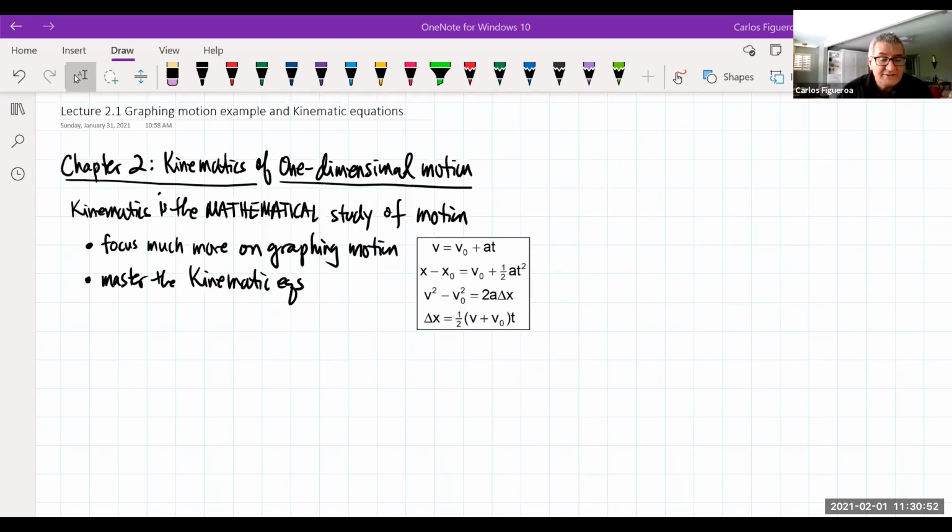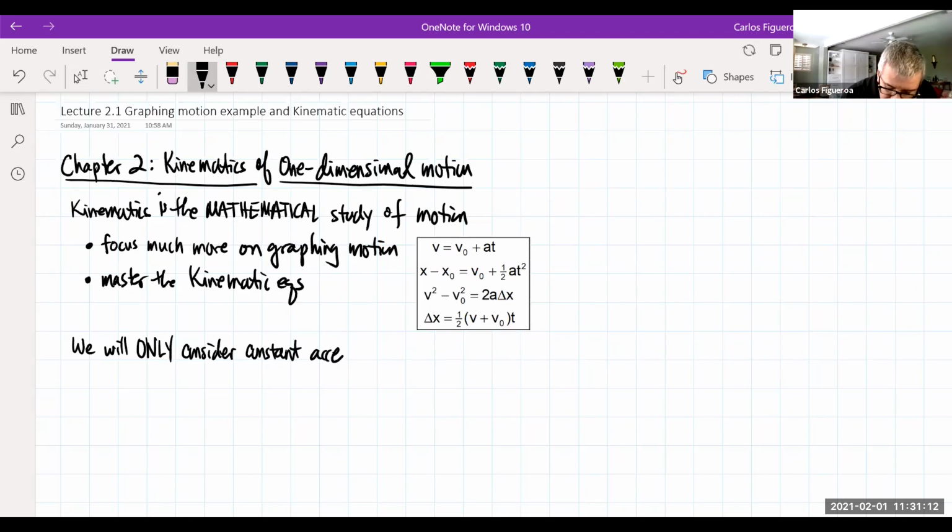And before we get started, I want to remind you, even though I've said this before, we will only consider constant acceleration situations up to the first exam.